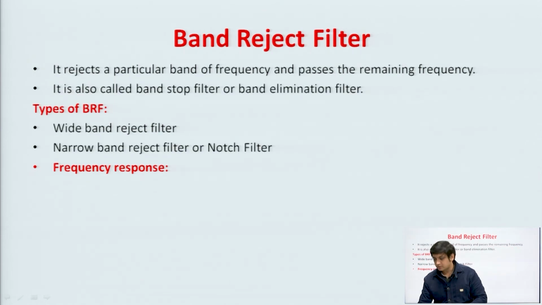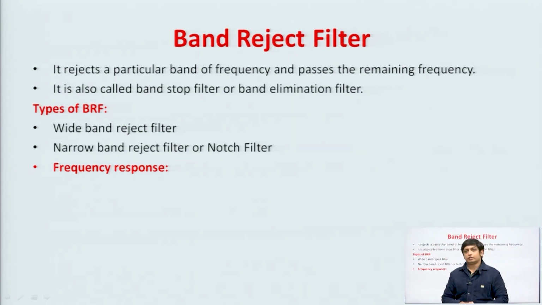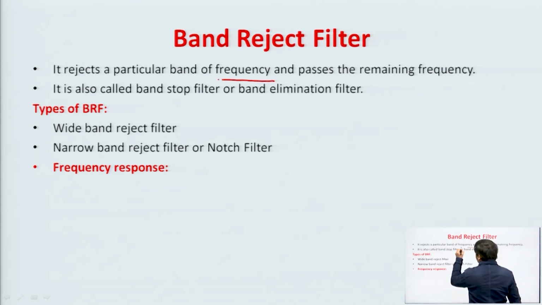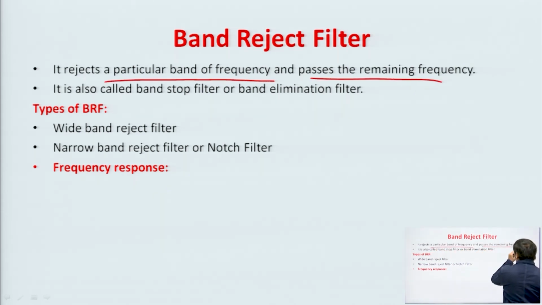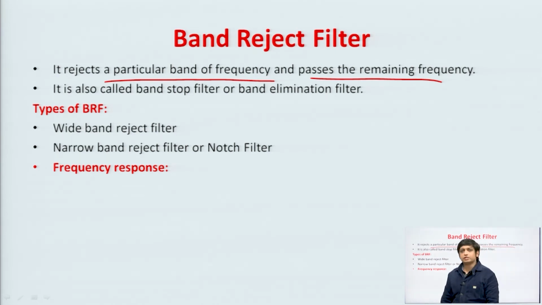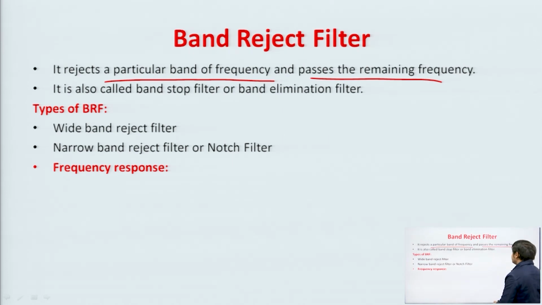Now, next one is band reject filter. Band reject filter rejects a particular band of frequencies and passes the remaining frequencies, just opposite of the band pass filter. What does it mean?